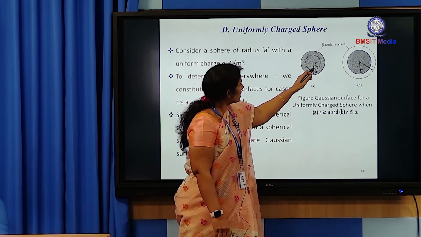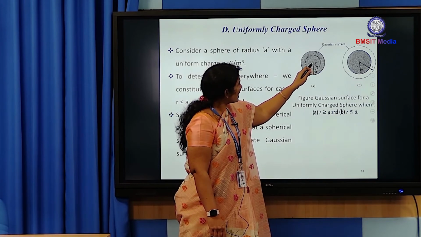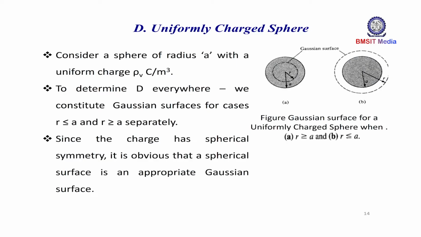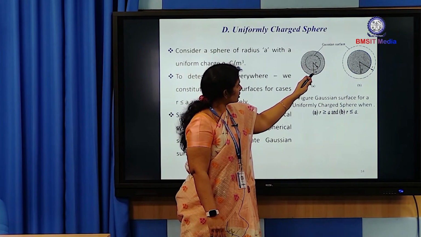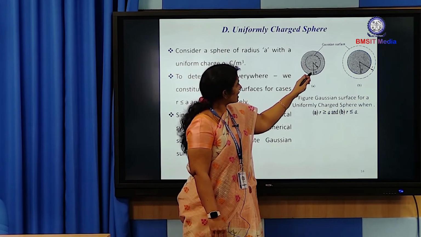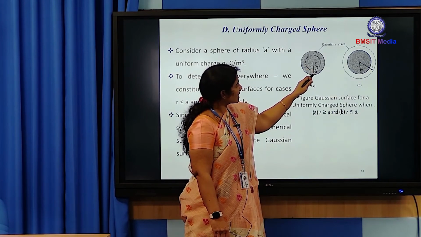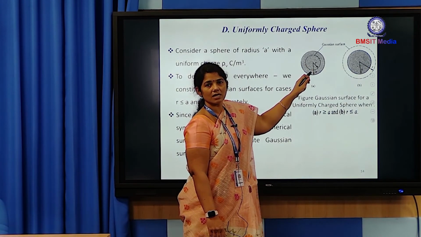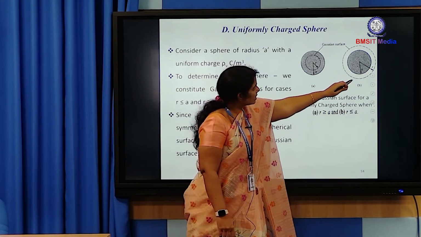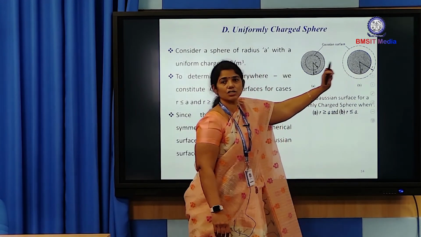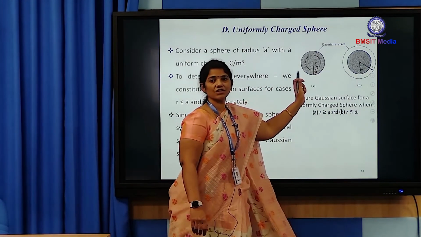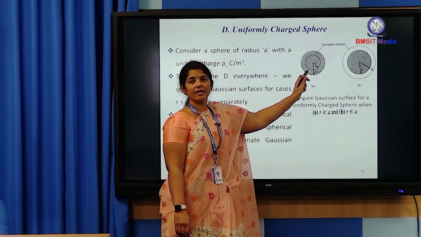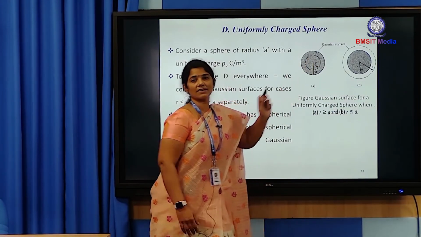If you observe, the radius from the center, the origin, to the inner sphere is r, and for the outer sphere it is A. So the first case is r is greater than or equal to A, and the second case is r is less than or equal to A. So for these two cases we are going to determine D everywhere on this surface.